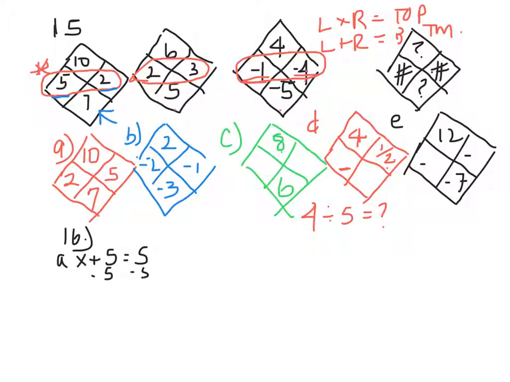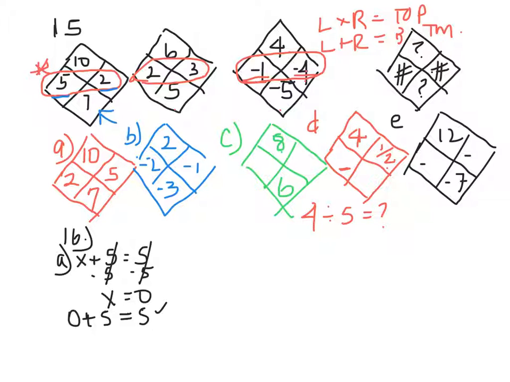Minus 5 minus 5 makes the 5's go away, and I get x equals 0. And if we put that in there, 0 plus 5, it does equal 5. So it's true.